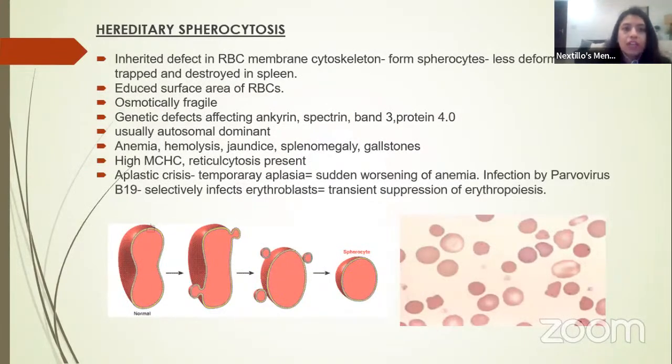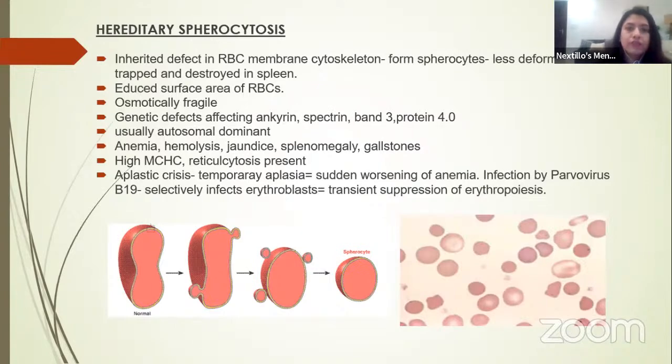So what are these important proteins? They are ankyrin, spectrin, band 3, and protein 4.1. Now, any defect in any of these proteins will cause an unstable RBC membrane.